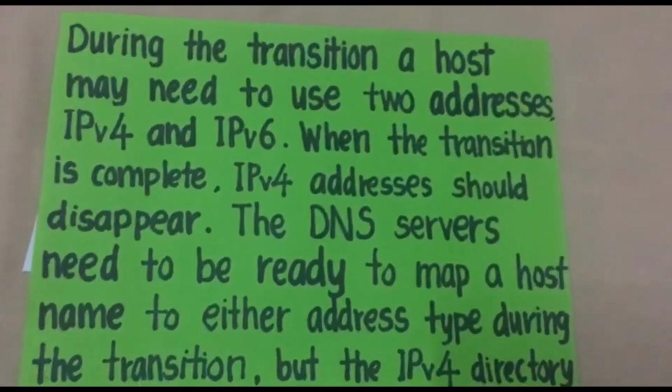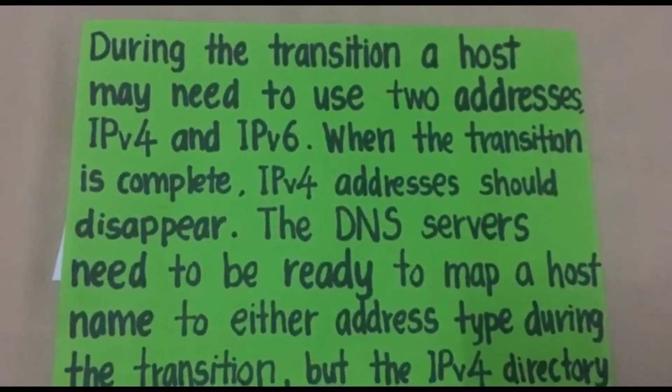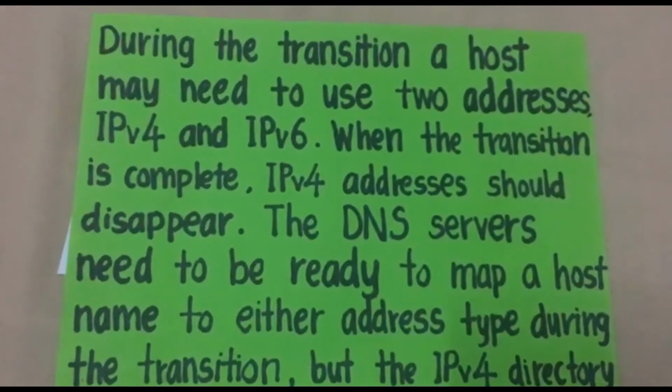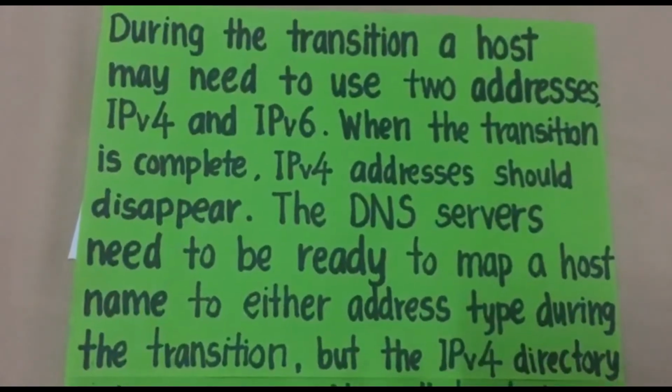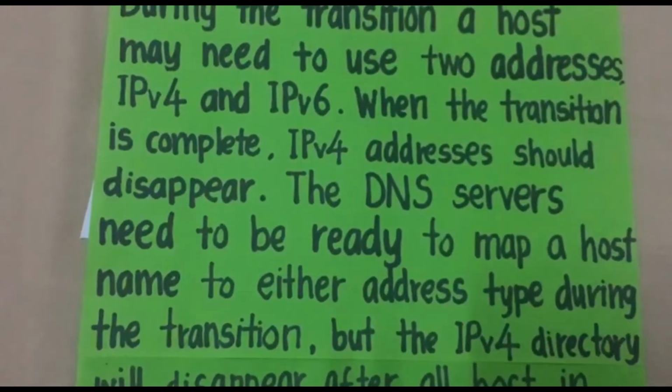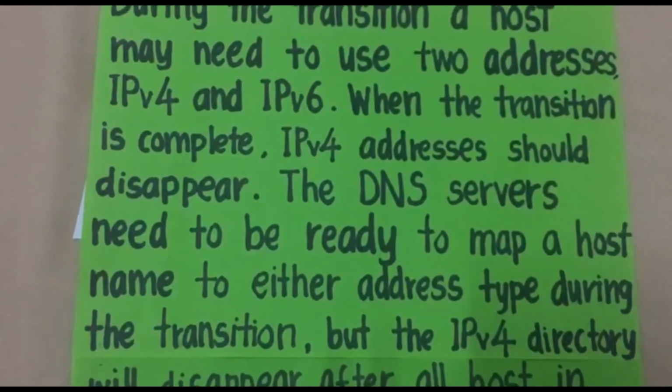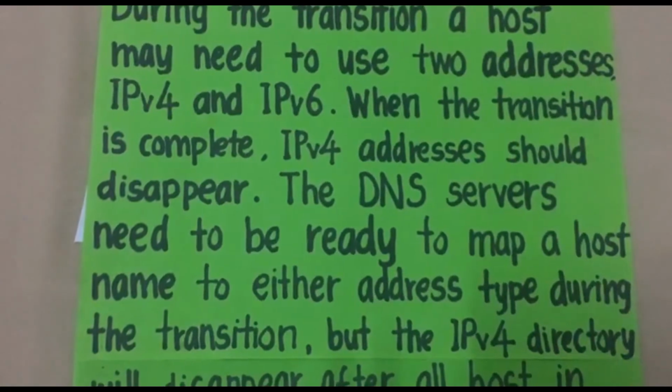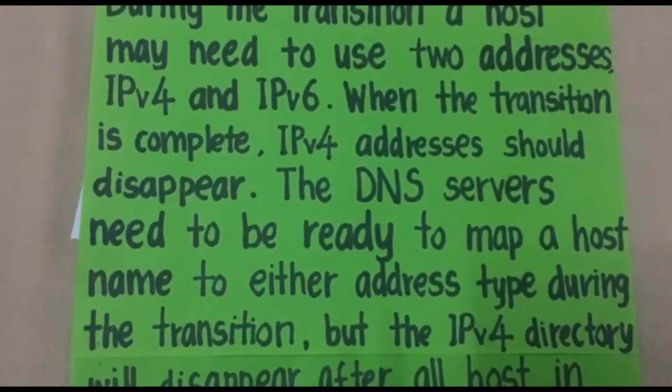During the transition, a host may need to use two addresses, IPv4 and IPv6. When the transition is complete, IPv4 addresses should disappear. The DNS server you will learn in chapter 26.